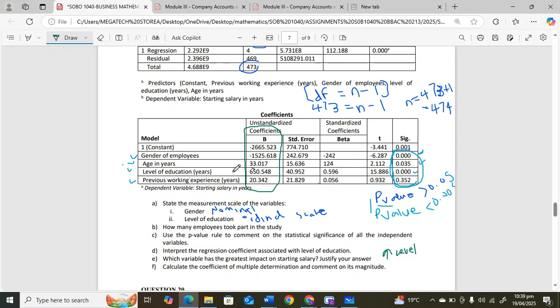If this coefficient is increased by 1 unit, then your dependent variable will increase by this number of units here. So basically in here, if you increase your level of education by 1 year, salary increases by 650.58.